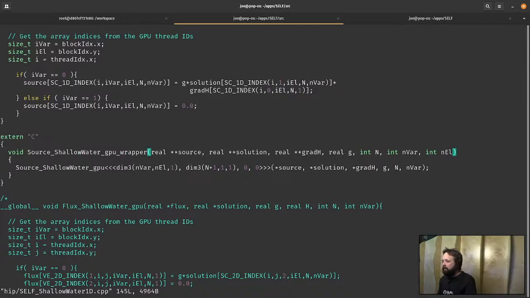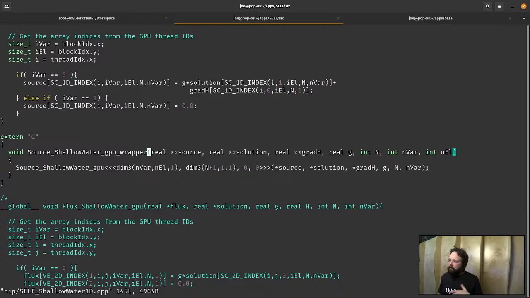The caveat here is that it's going to append an underscore at the end of that object name. So if I were to go into the Fortran side and just call source shallow water GPU wrapper underscore, I could be done. I prefer to be a bit more redundant, and I don't mind having a little extra code if it helps me understand what's going on.